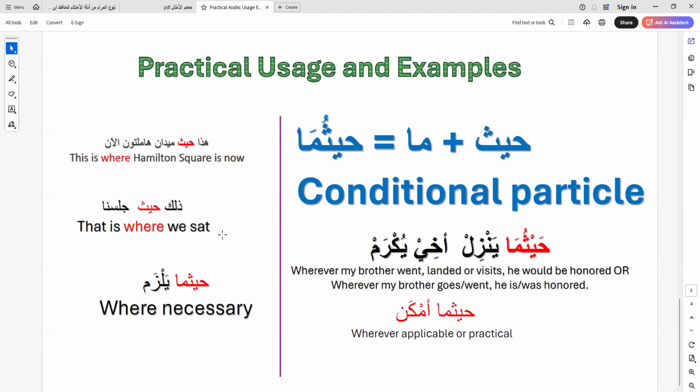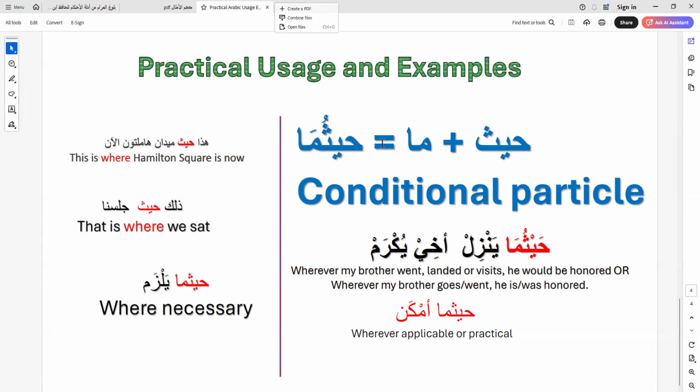That is where we sat. And in some phrases, we can say حيثما يلزم. Where necessary. اجلس حيثما يلزم. Sit where necessary.